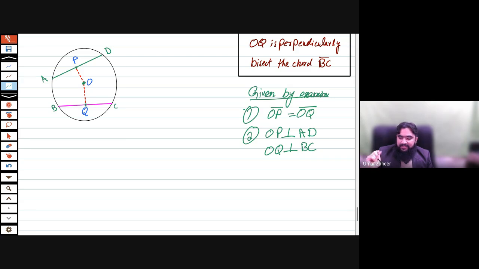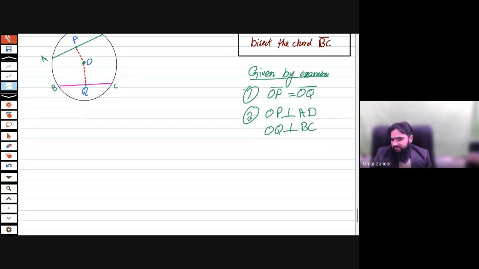From here you can conclude that the chords are equal.